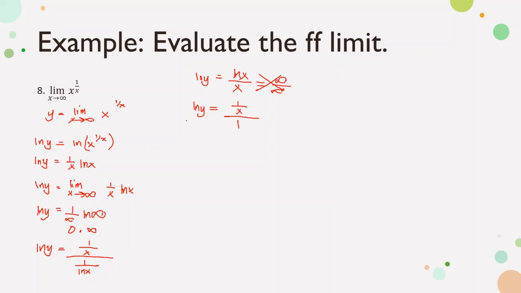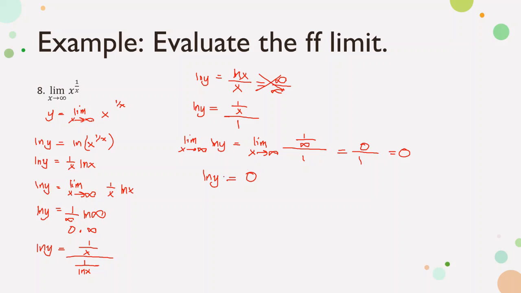After we have applied it, let's take the limit again to see if we can already get a final value. We have 1 over infinity all over 1. As we know, 1 over infinity is equal to 0, and over 1, that is equal to 0. So meaning to say, ln y now is equivalent to 0.